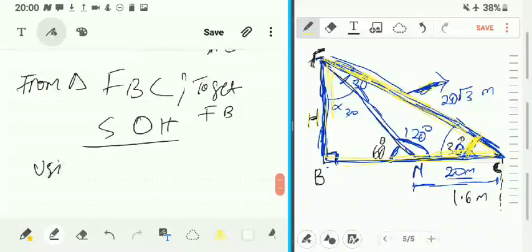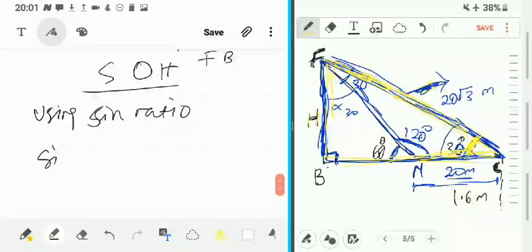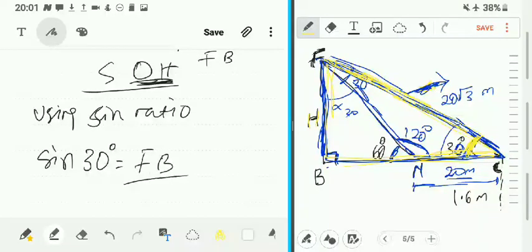So using the sine ratio, sine theta, our theta is 30 degrees, is equal to opposite over hypotenuse. What's the opposite? FB over the hypotenuse, which is 20 root 3 meters. Cross multiply.